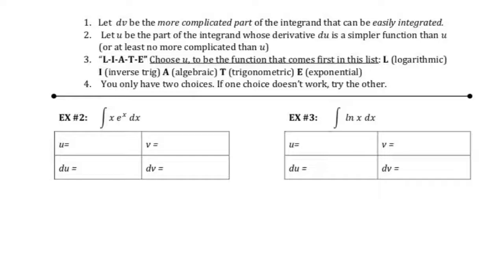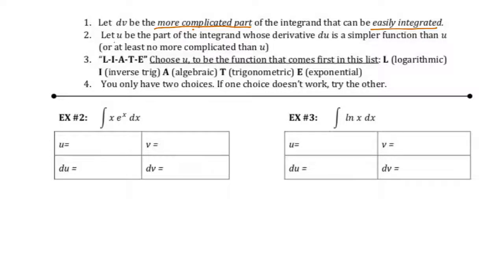So looking at this, they give you some steps to help you try to pick what you need to let each part be. And so there's a couple of ways you can go through and read. One of the better things they tell you in the first two examples is that you need to let that dv portion be the most complicated part that can be easily integrated.